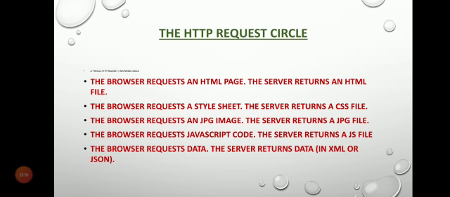The browser requests a JPG image, and the server returns a JPG file. And the browser requests JavaScript code, and the server returns JS files. And the browser requests data, and the server returns data in XML or JSON.